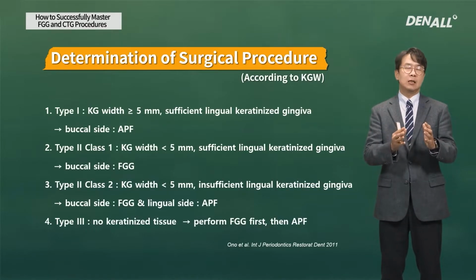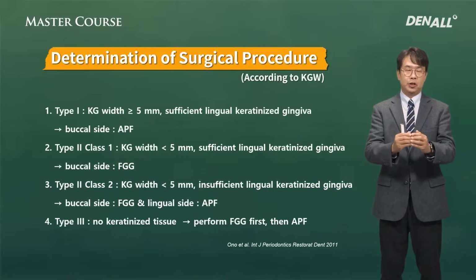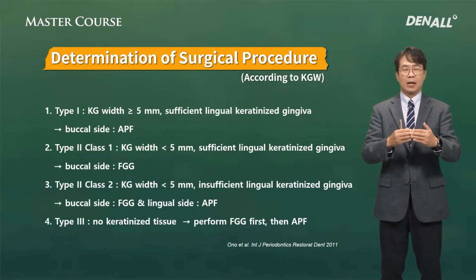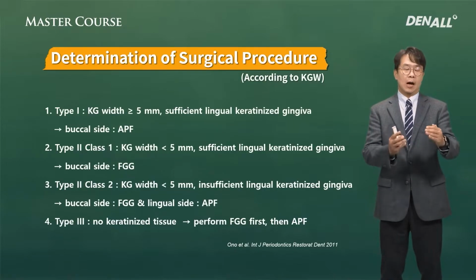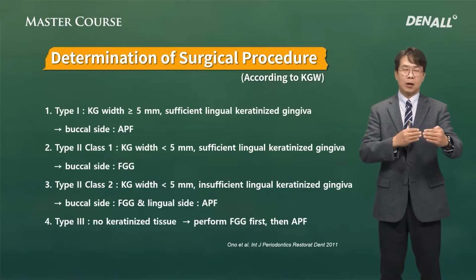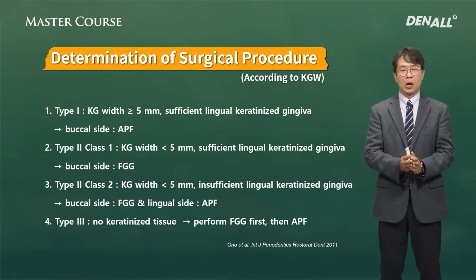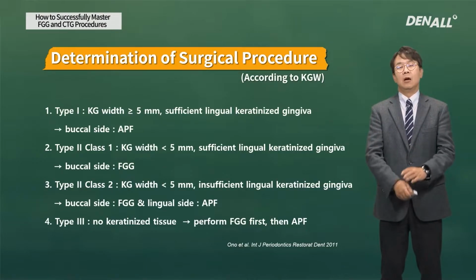Lastly, if there's little keratinized tissue, free gingival graft should be performed first, followed by type 1 or type 2, which can be applied depending on the amount of keratinized tissue available. So depending on the residual volume of keratinized tissue, a specific procedure can be selected.